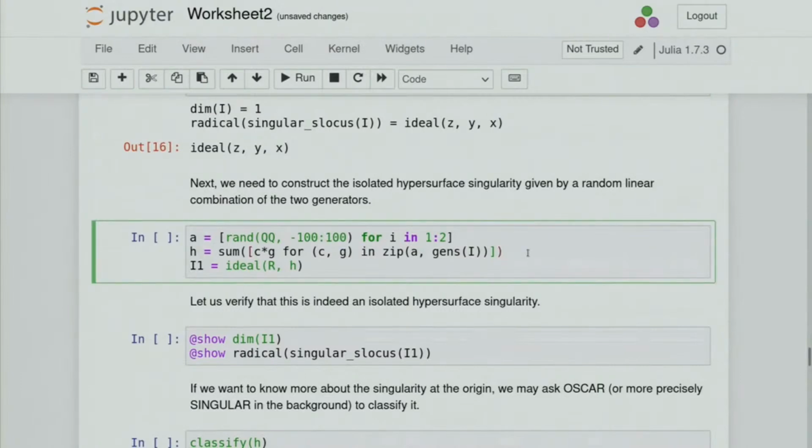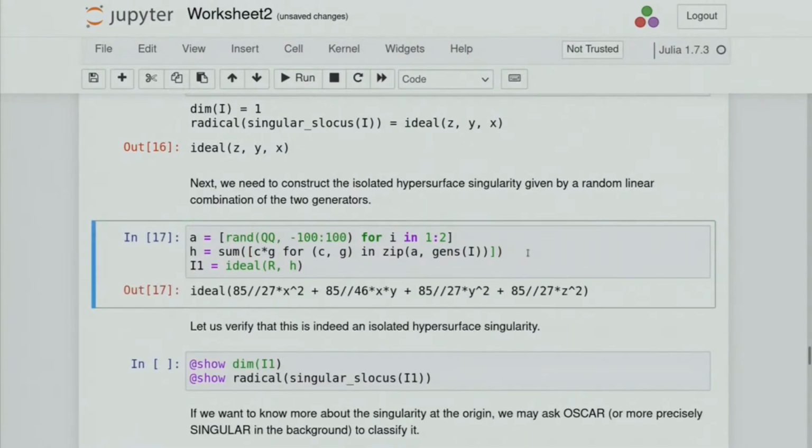So now we need to construct the successive ICEs, hypersurfaces, one being a hypersurface in the other, to arrive at the final ICEs that we have defined. And we do this by passing to a random linear combination of the generators of our ideal. Right?